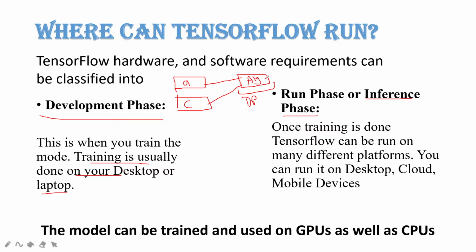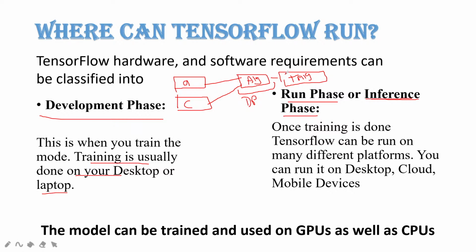After you train the model, you get one new trained model. After you pass all the training data and the algorithm gets trained, you definitely have a trained algorithm. That is called the run phase or inference phase. Once the training is done, TensorFlow can run on many different platforms.